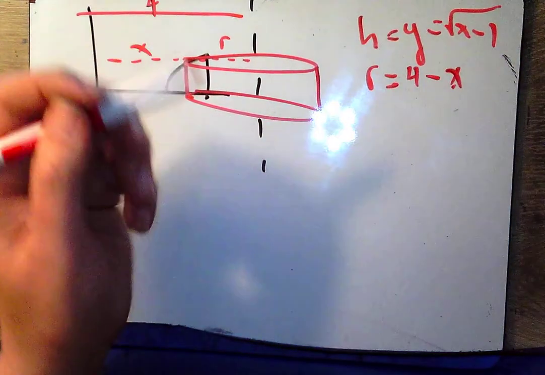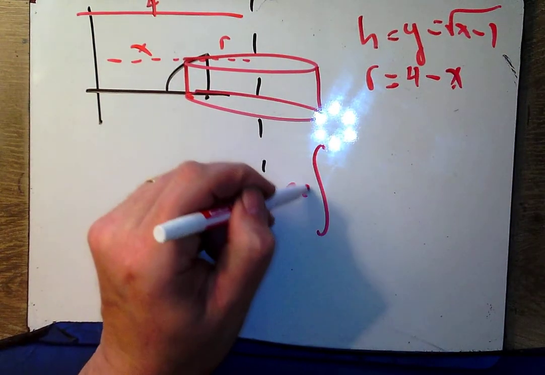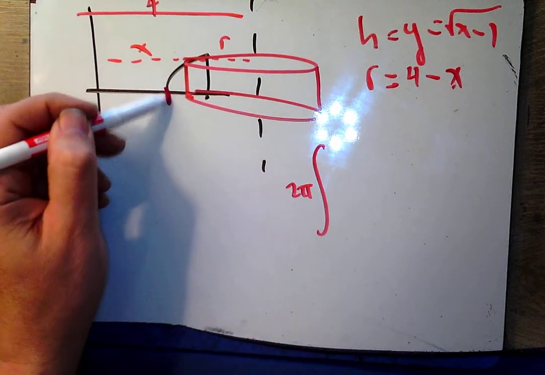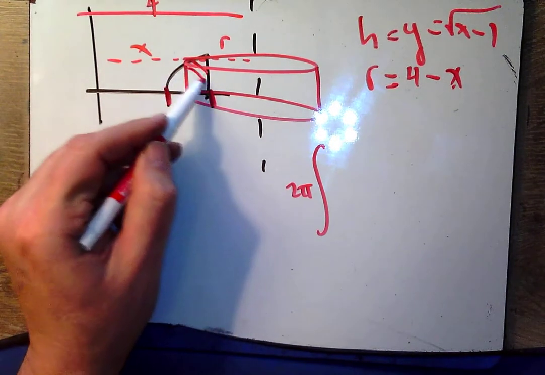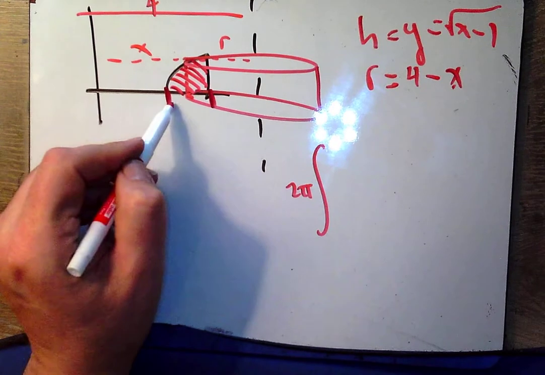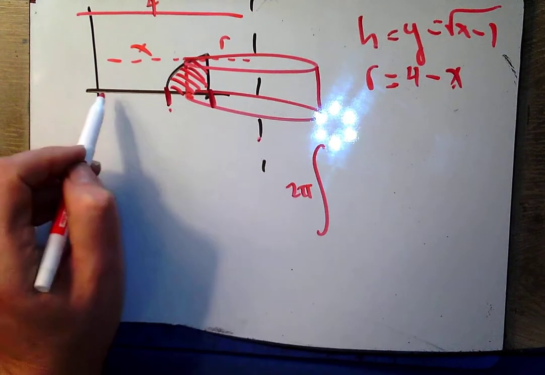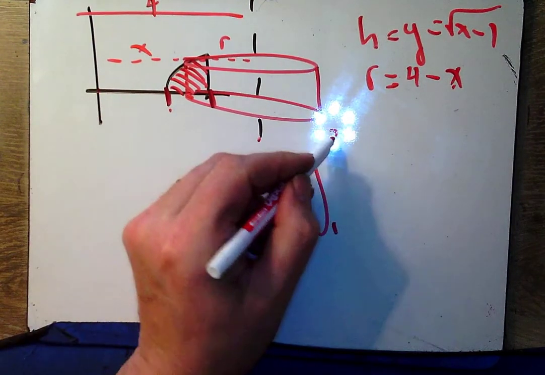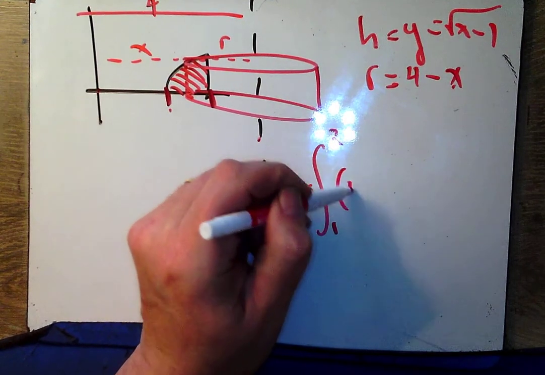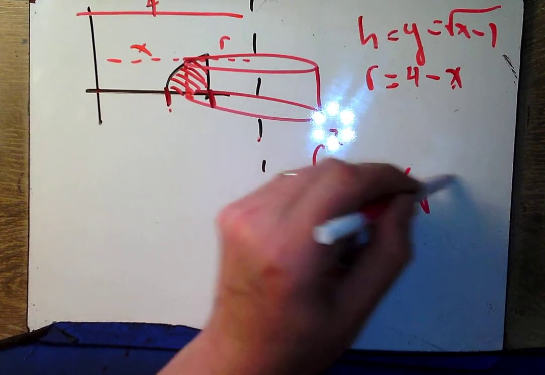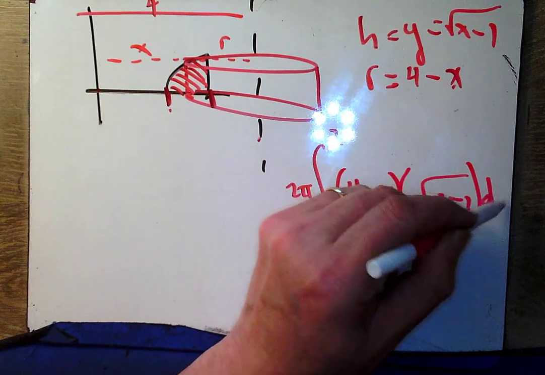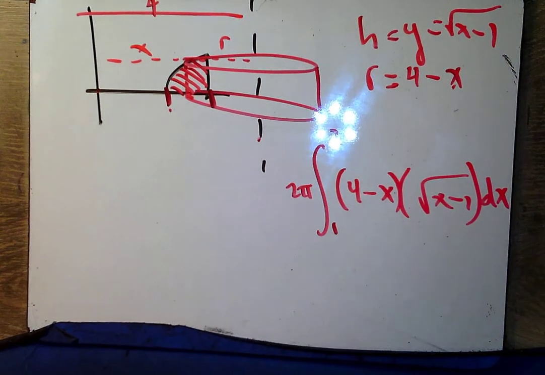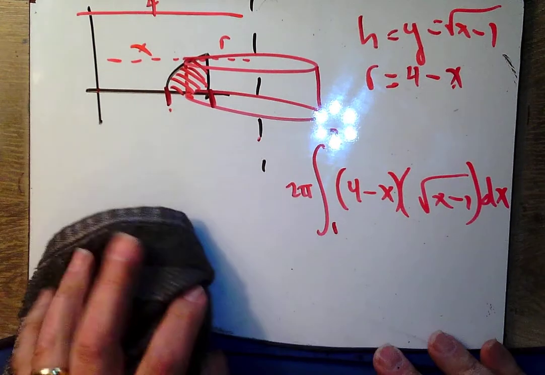I'm good to go. 2 pi. Remember, we're integrating from here to here. We're only integrating the region, not going up to 4, not starting at 0. We're just doing 1 to 2. 4 minus x times square root of x minus 1 dx. Fabulous. So there's the rest of number 5.